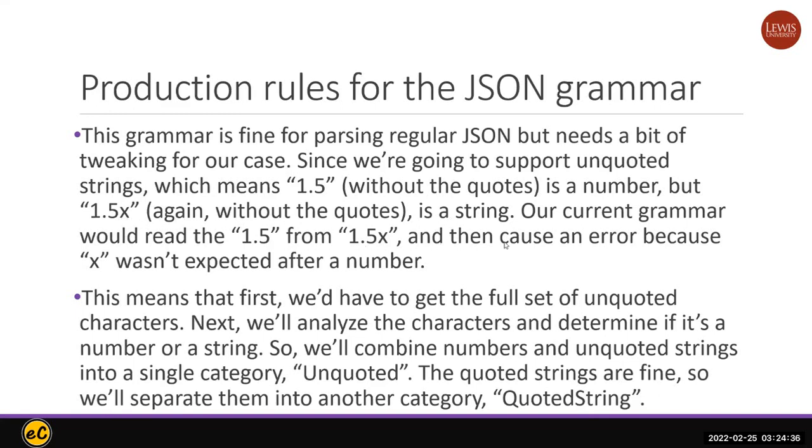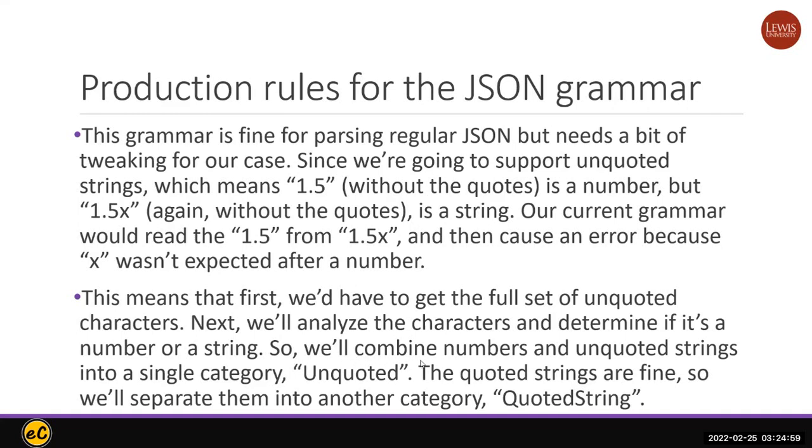This means that first we have to get the full set of unquoted characters. Next, we will analyze the characters and determine whether it is a number or a string.